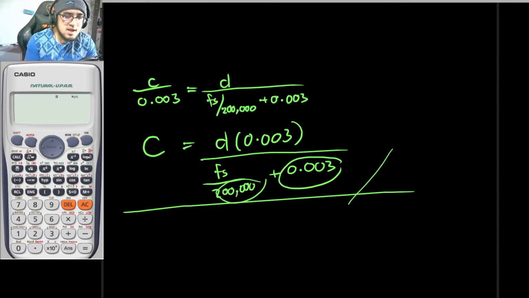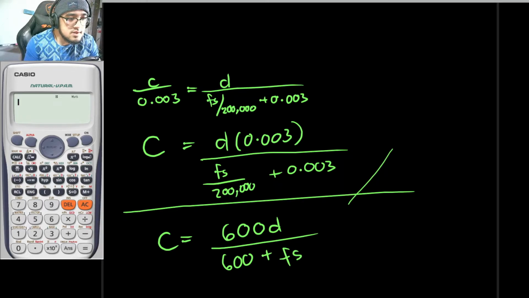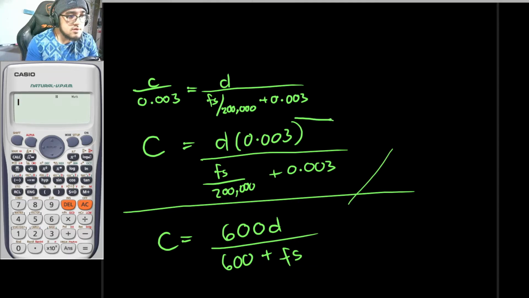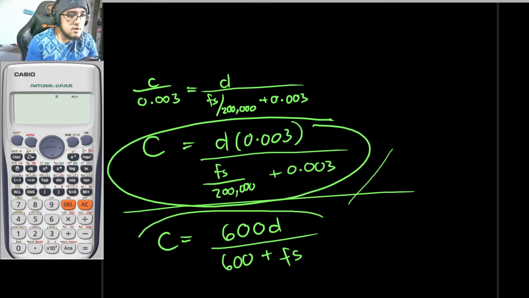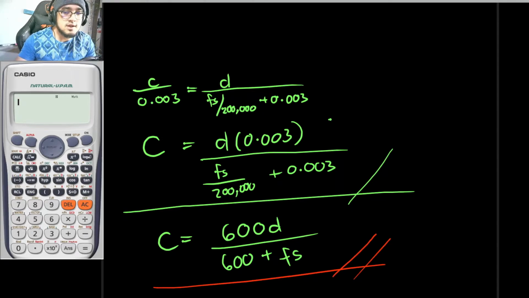So basic math, simplify this equation, and it is to be equal to 600D divided by 600 plus Fs. So basically, guys, just memorize this. Both of these values here are equal. So once again, take note of this formula. You can copy it right now or you can take a screenshot. So C is to be equal to 600D divided by 600 plus Fs.